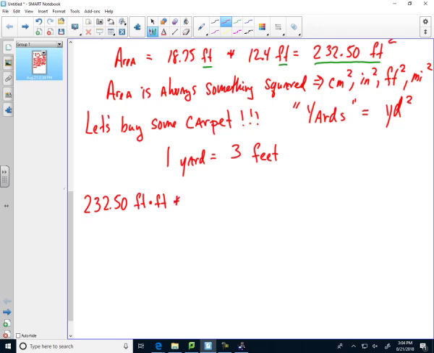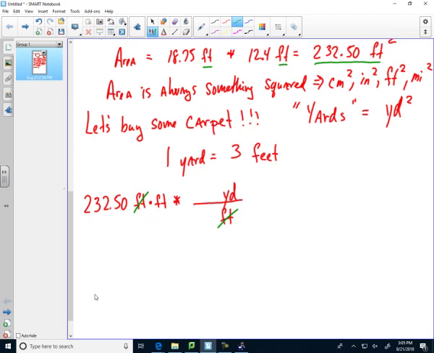I'm going to multiply by something here, and I'm going to put feet on the bottom because I want to get rid of that. And I want yards on top because that's what I want. All right? Now watch. That foot cancels that foot.